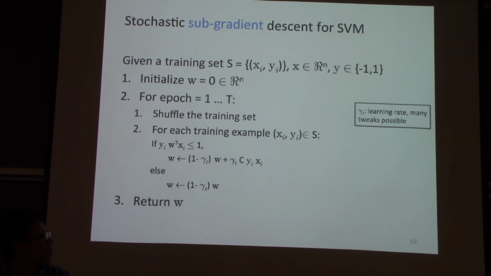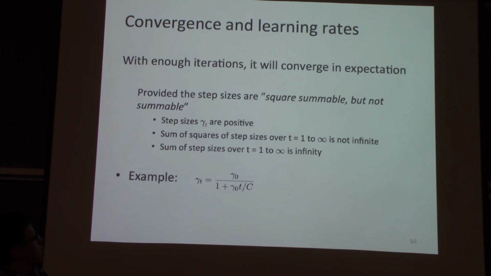So I have to talk about everything. The only thing left is this gamma t, the learning rate. So there are some theoretical studies on how to choose the learning rate. And it's been proved that the gamma t should get smaller and smaller, right? As you are approaching the minimum, you want to reduce the step.